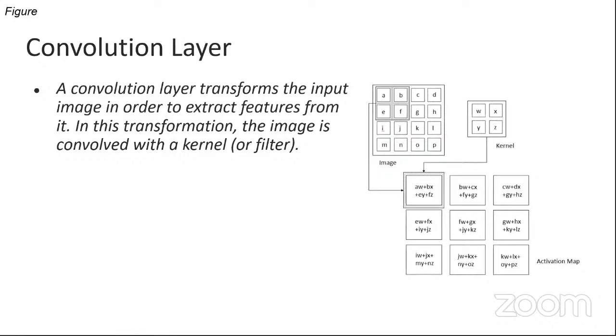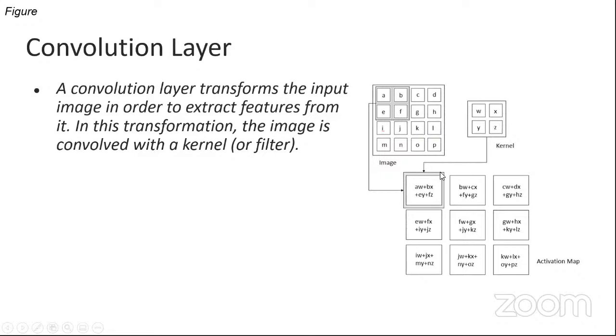First we can see what a convolution layer is. The convolution layer transforms the input image for extracting a specific feature from it. Some specific features we can get through this convolution layer, using a kernel or a filter. This filter will be kept over all these pixels. You can see the calculation: AW plus BX plus EY plus FZ.